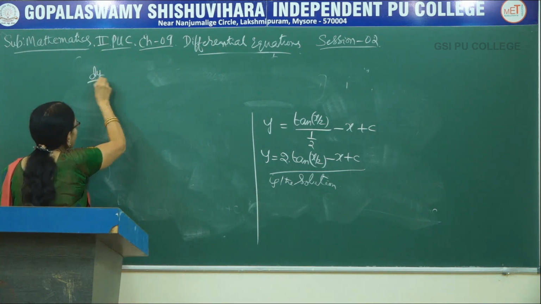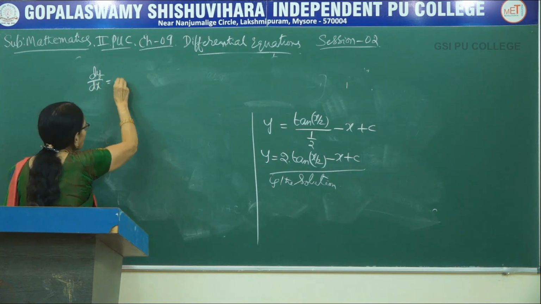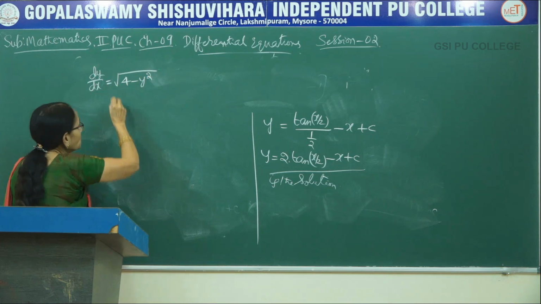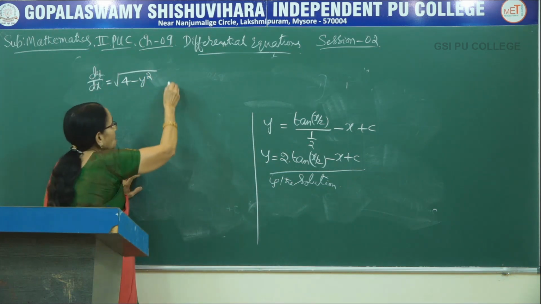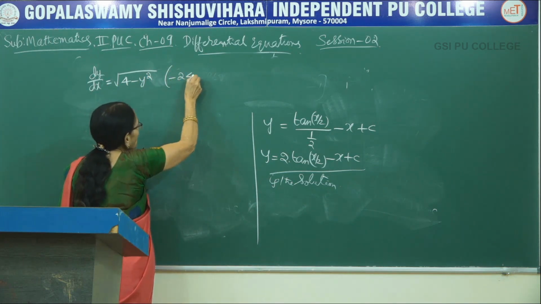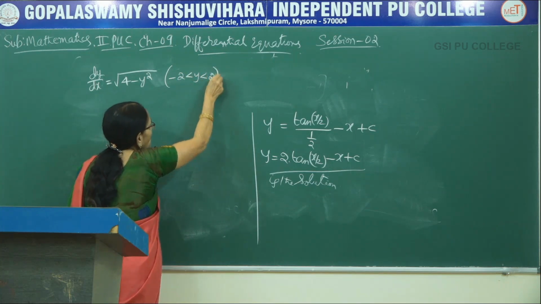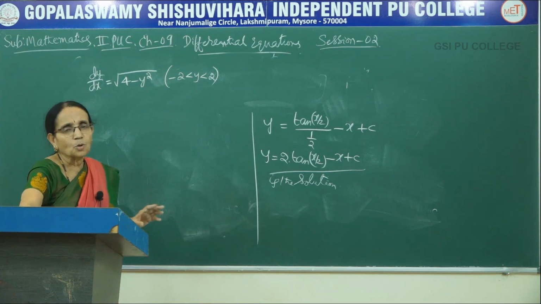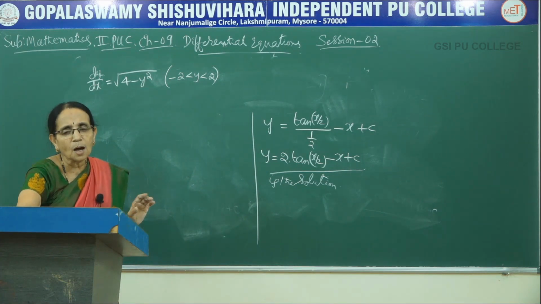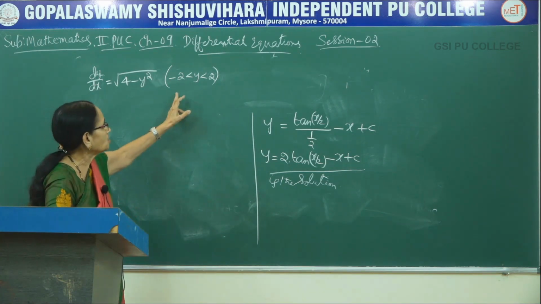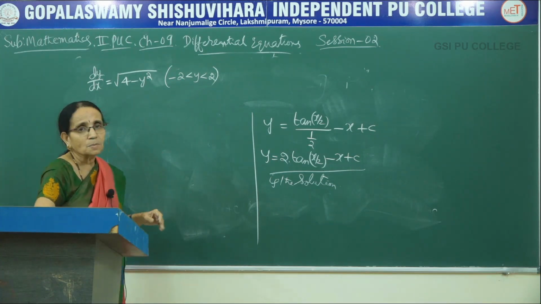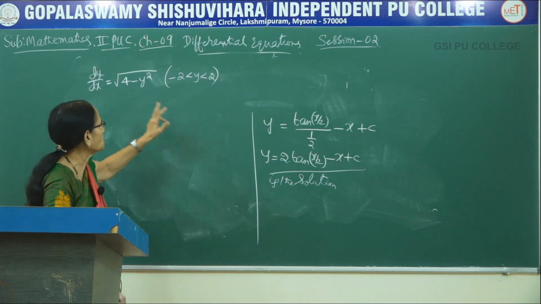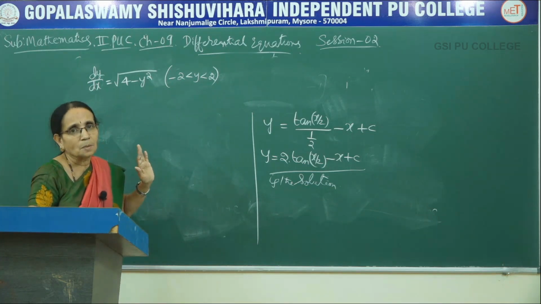Here this is also containing dy by dx, but on the right hand side we are having a function which contains only y here, but some value has been specified for y here. It should strictly lie between minus 2 and plus 2, that is it belongs to the open interval minus 2 to plus 2, otherwise it becomes an imaginary quantity. When it takes the value between minus 2 and plus 2, this becomes a real number.